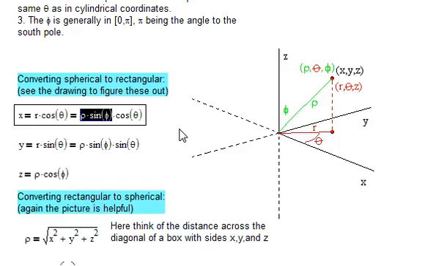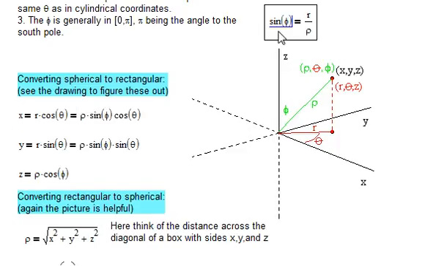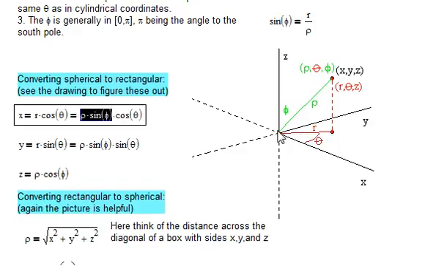So, what does that mean? Well, it means this. Since the sine of phi equals r over rho, then solving for r, we get r equals rho times the sine of phi. Here is the r. Remember, just think about putting this r up here.